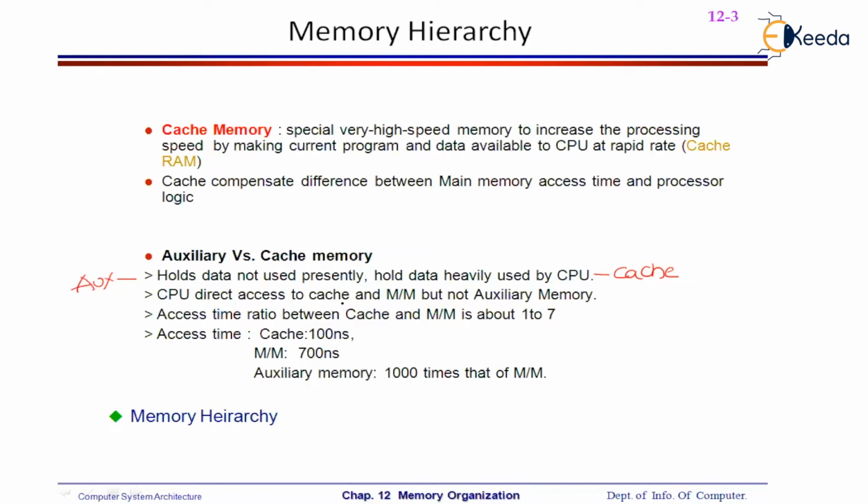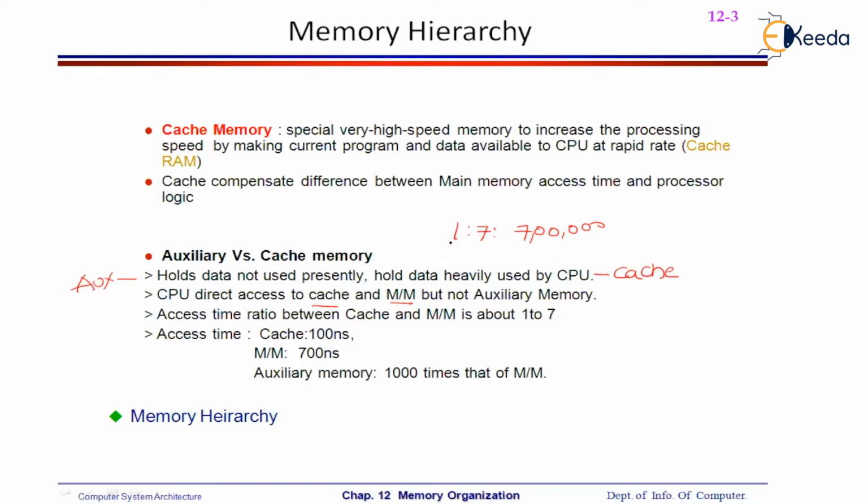The CPU has direct access to the cache and main memory, but not to the auxiliary memory. Of course, the CPU will have direct access to the cache memory and the main memory. You know why? Because there is an access ratio, that is 1:7:7 lakhs these days. What is 1:7:7 lakhs?